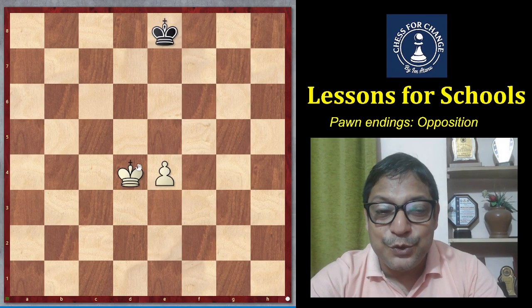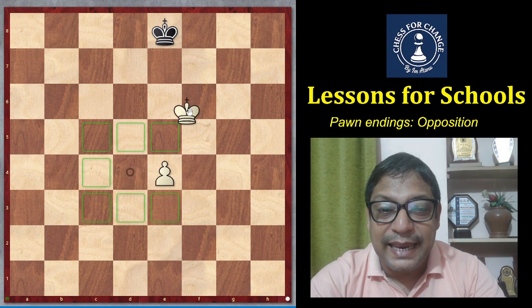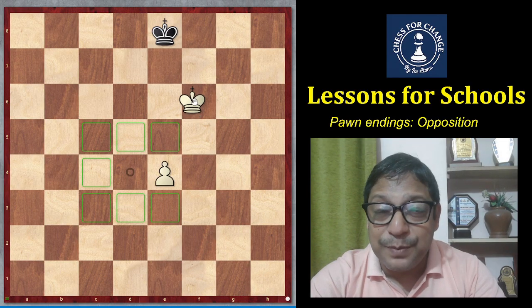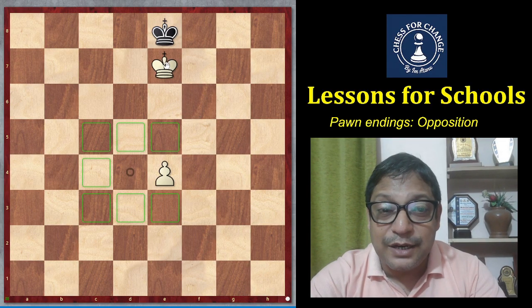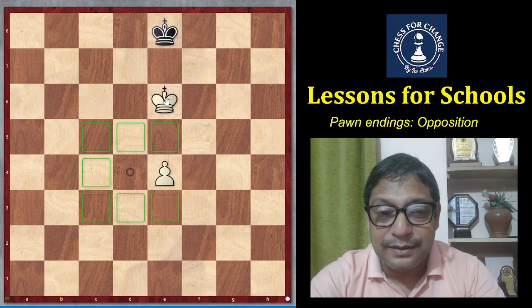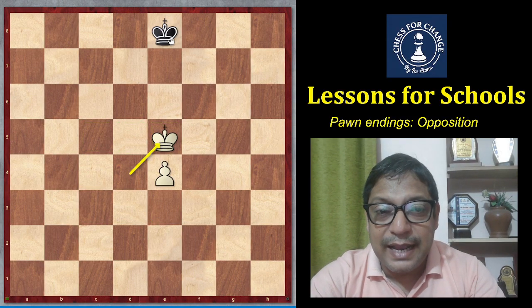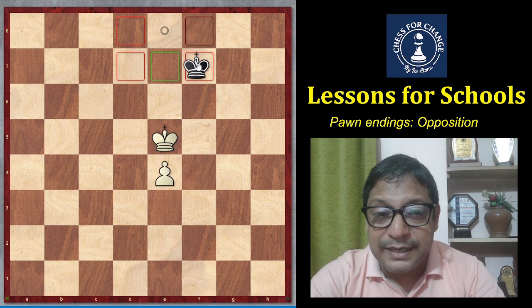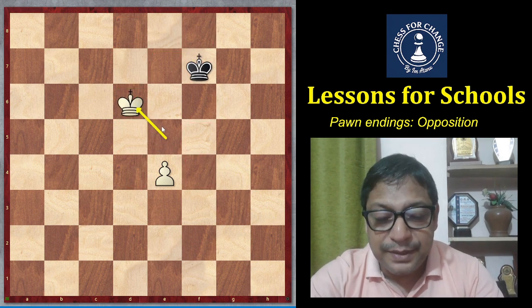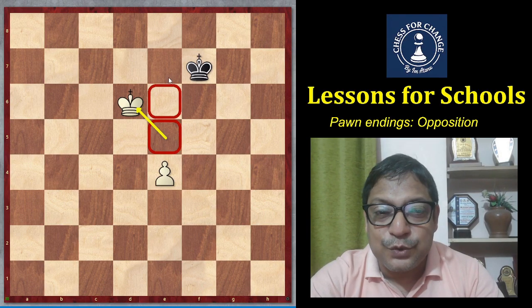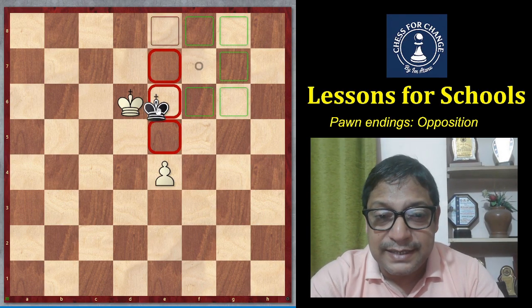He should try to advance his king ahead of the pawn to take control of blocking squares. For example, the king moves to e5, and if the black king moves here, then our king moves this way, taking control of these squares so that the king cannot defend.